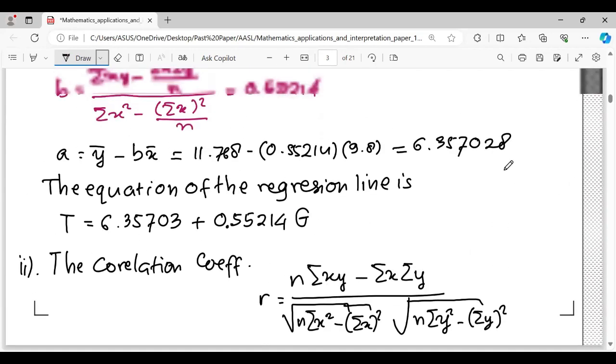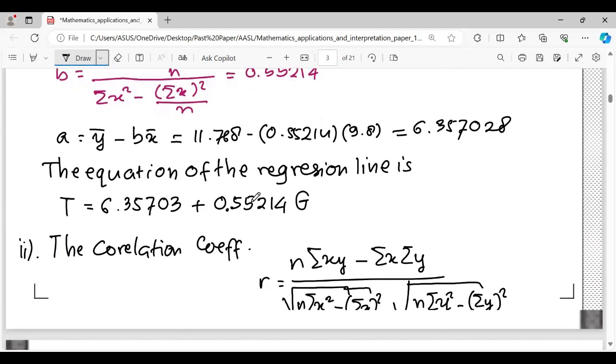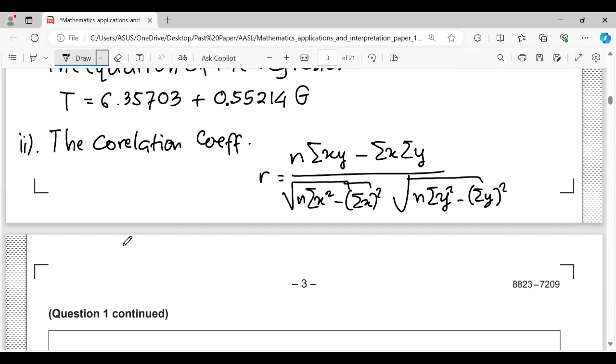And if you substitute these numbers into this formula, you will find the correlation coefficient is 0.993910.